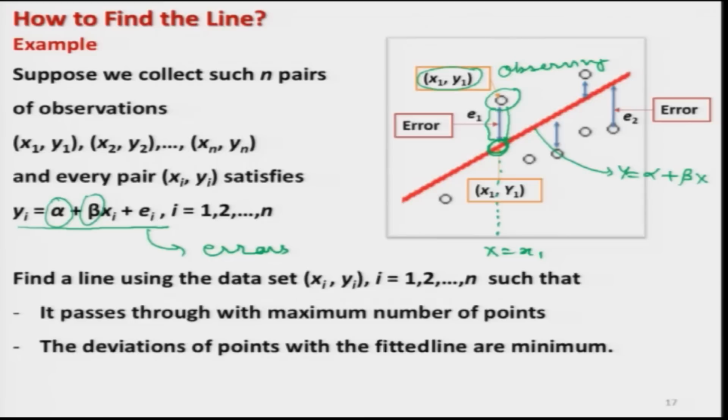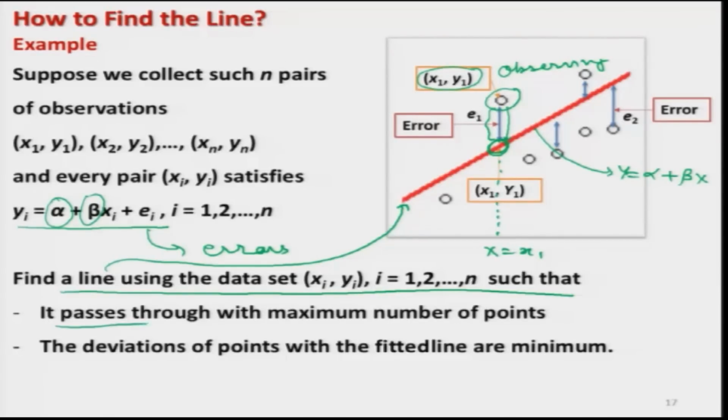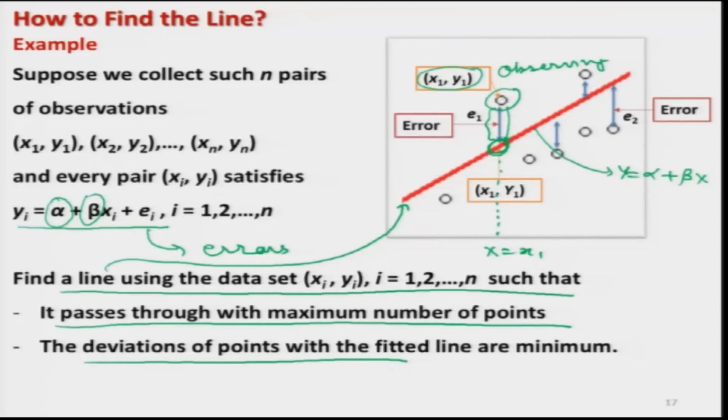So we will find the equation of this line, the red line, on the basis of the given data set, using all the n paired observations on xi and yi, such that the line passes through the maximum number of points and the deviations of the points from the fitted line are minimum.